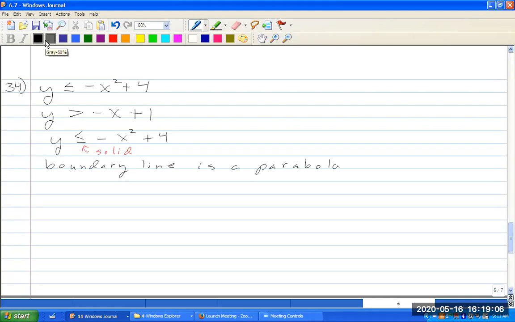And we can see that this parabola is pointing down. So if I look at the boundary line, this has a vertex at 0, 4, and it is pointing down since a here is equal to -1, which is less than 0. It means that this is a downward pointing parabola.